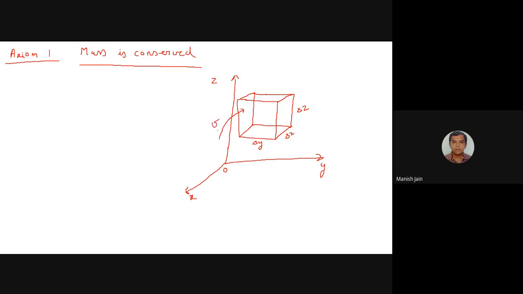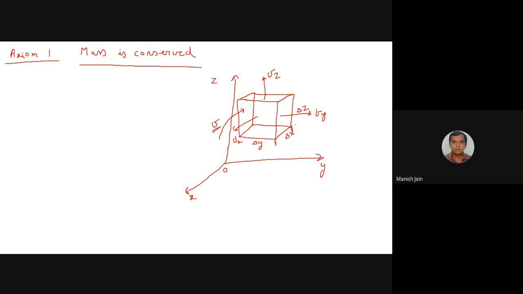So v is a vector, velocity is a vector quantity. So the component in the x-axis is vx, the component in the y-axis is vy, and the component of the velocity in the z-axis is vz.